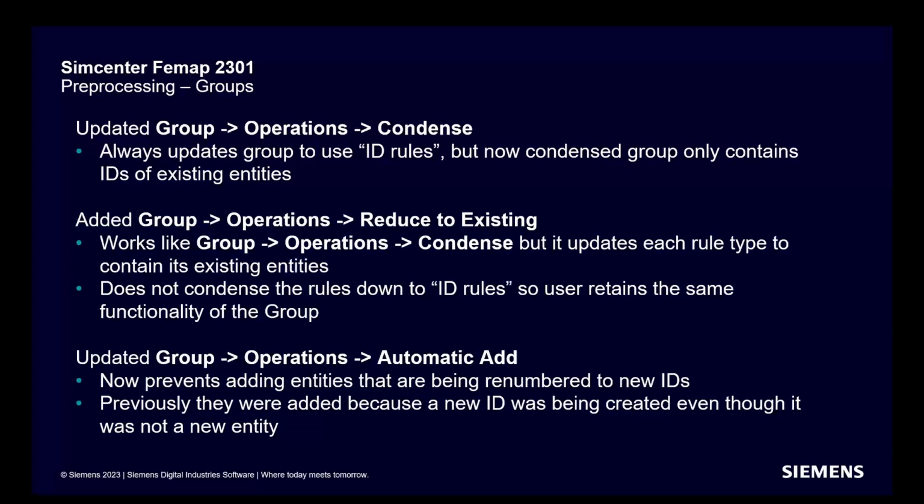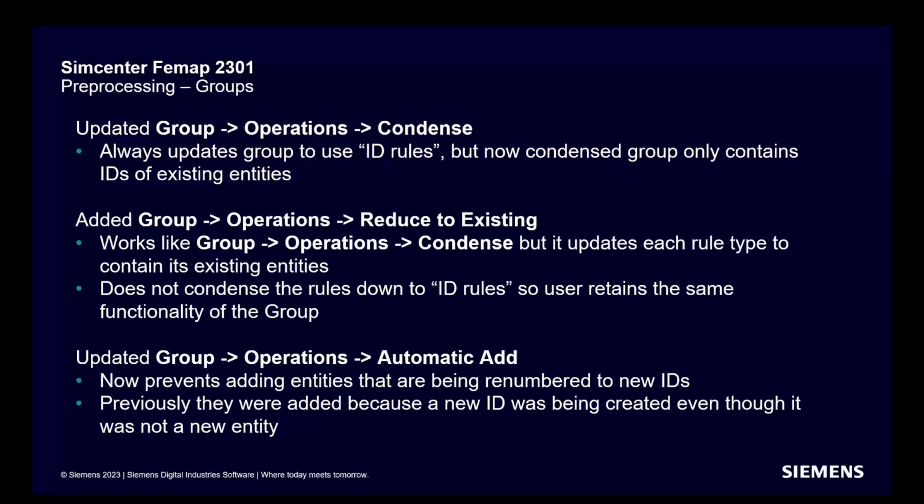So the second group functionality improvement is to the reduce to existing command. And this works a lot like the condense feature, but it updates each rule type to contain its existing entities.